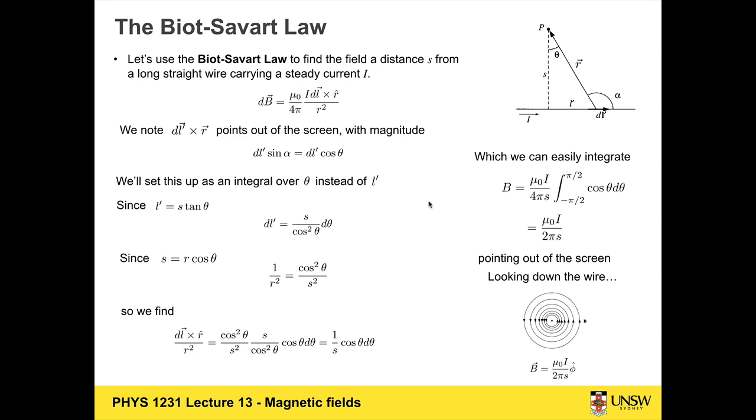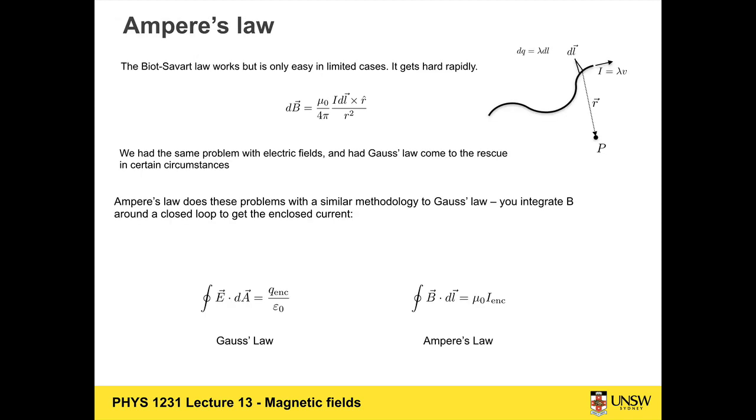And with electrostatics, we saw that in very symmetric situations, we could use Gauss's law to very conveniently calculate electric fields. And we have the same thing for magnetic fields, and you learned that in Physics 1B, and that's known as Ampere's law.